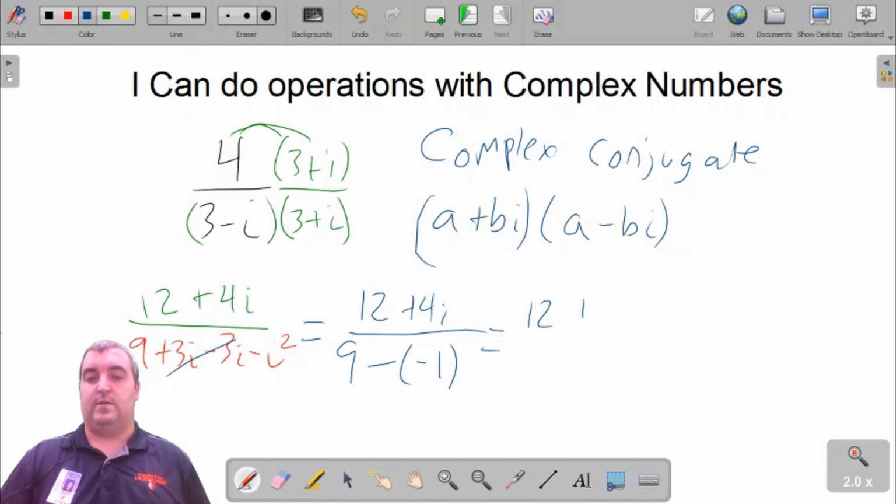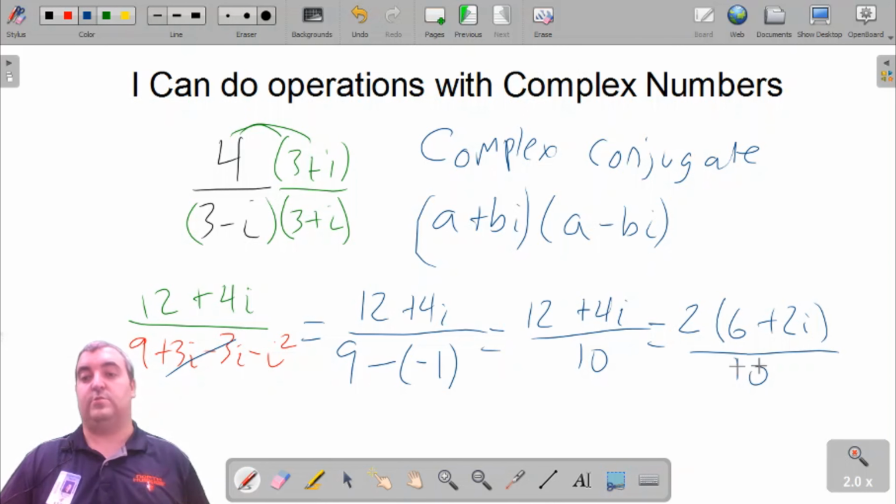So we simplify the denominator, and we get 10. Now you can factor out a 2 up top, and we get 6 plus 2i all over 10, which is 2 times 5. So I can cancel that and make that a 5.